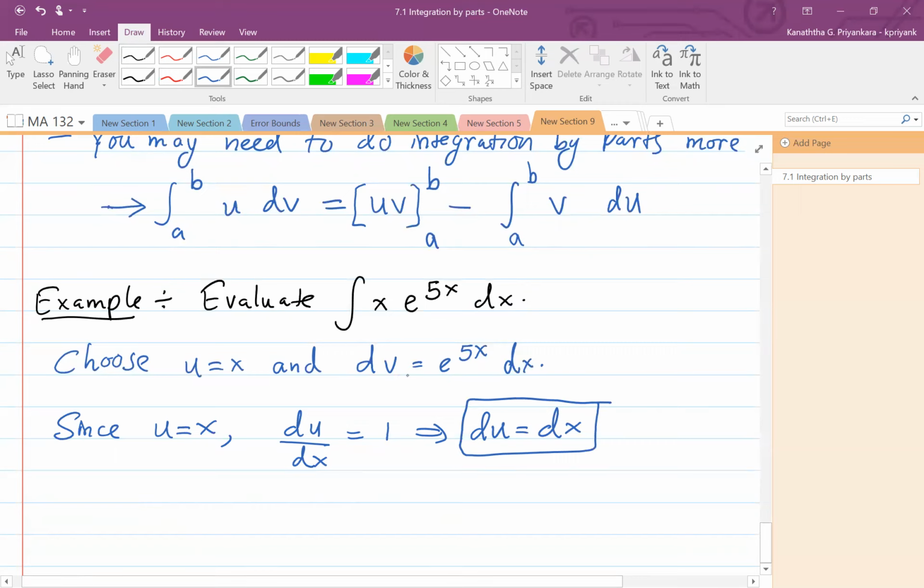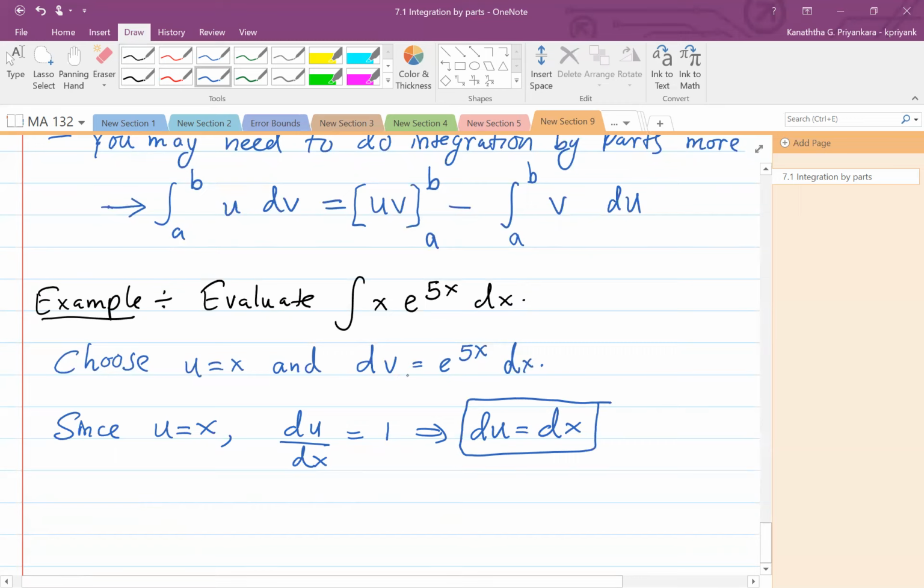We have the integral of ln x dx. Because we don't know the integral of ln x, we cannot choose ln x dx as dv.